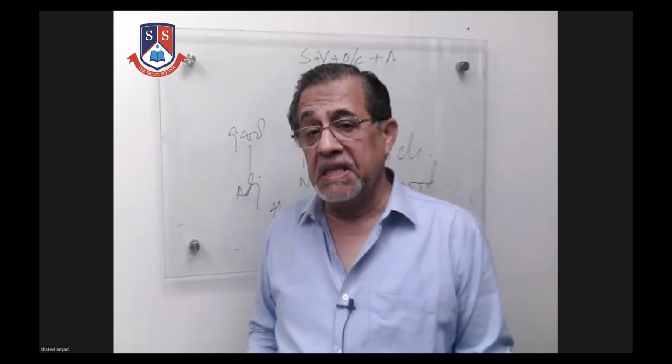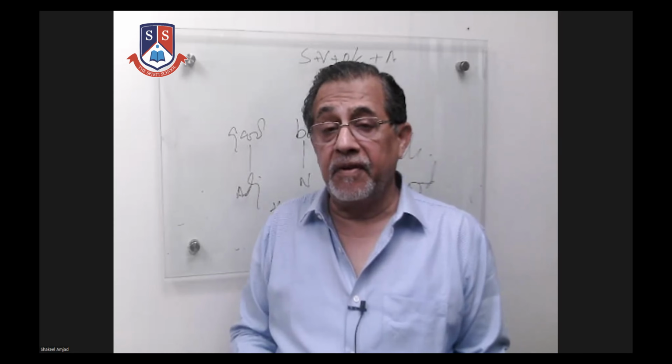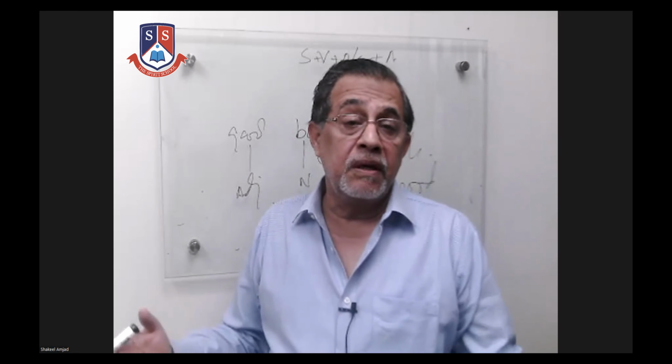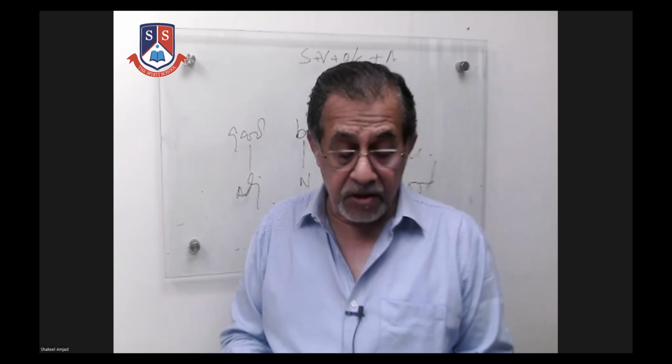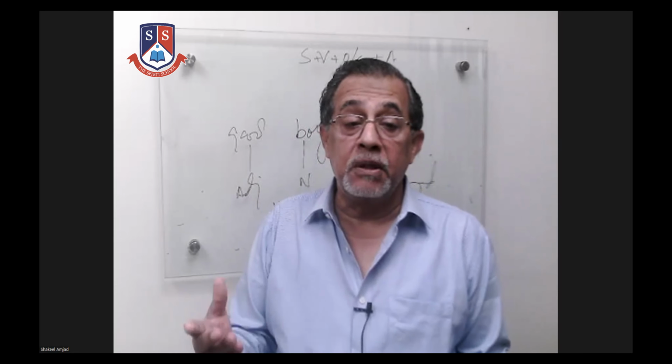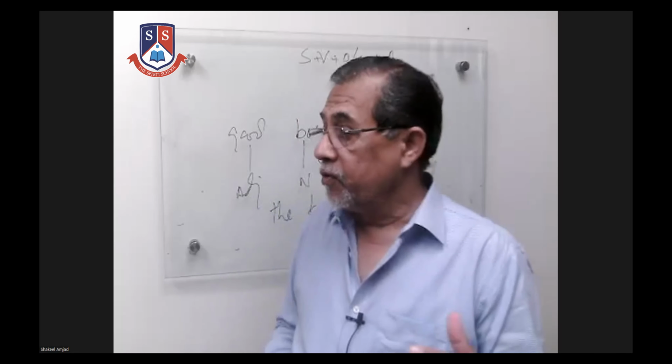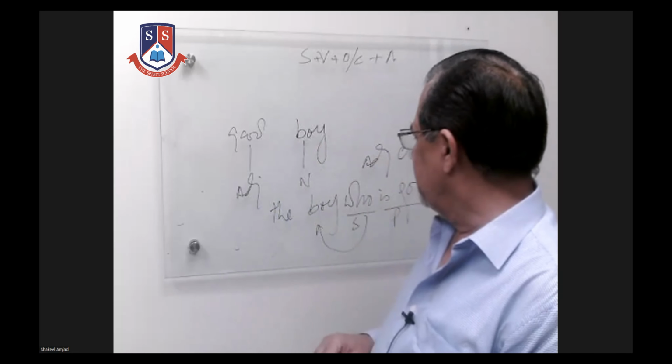Sometimes if you misplace the adjective clause from its noun, तो ये मसला हो जाएगा. It's understandable, वो फिर दूसरे में मफहूम ये रहता है. So, the adjective clause.